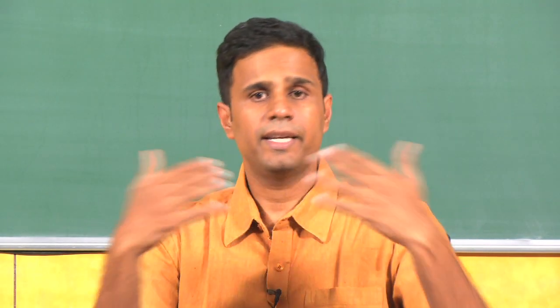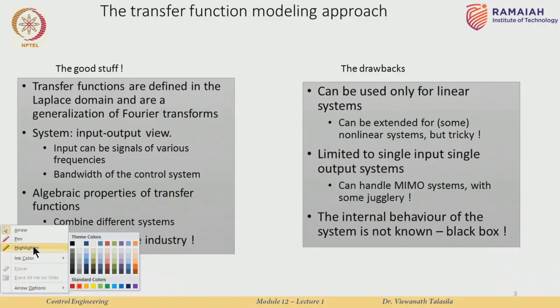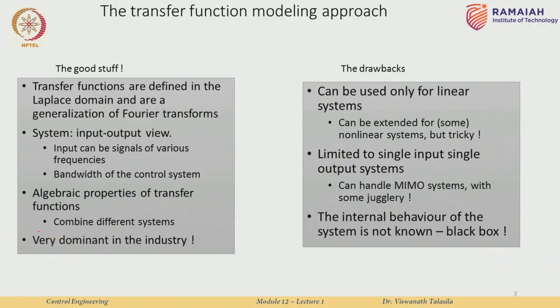The other nice aspect of the transfer function approach is that we have these algebraic properties of transfer functions. I can take multiple transfer functions and cascade them in series or parallel, I can take feedback loops, feed forward loops, and so forth. So I can combine different transfer functions by using their algebraic properties.